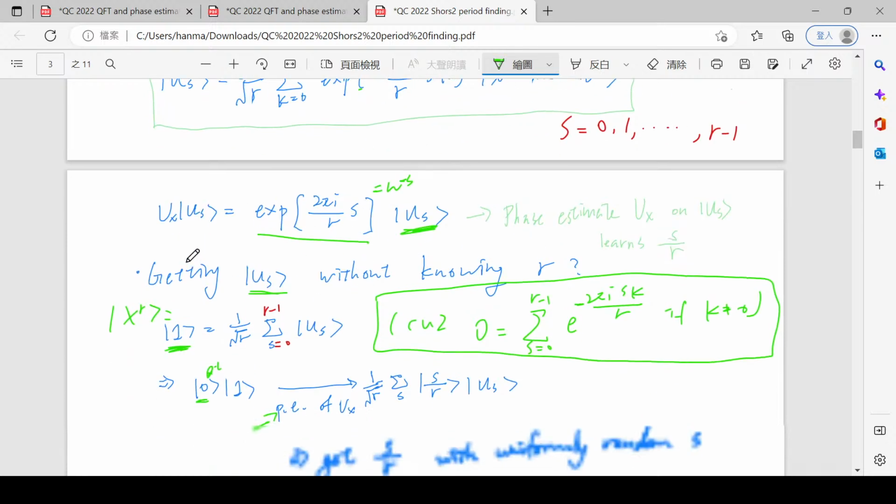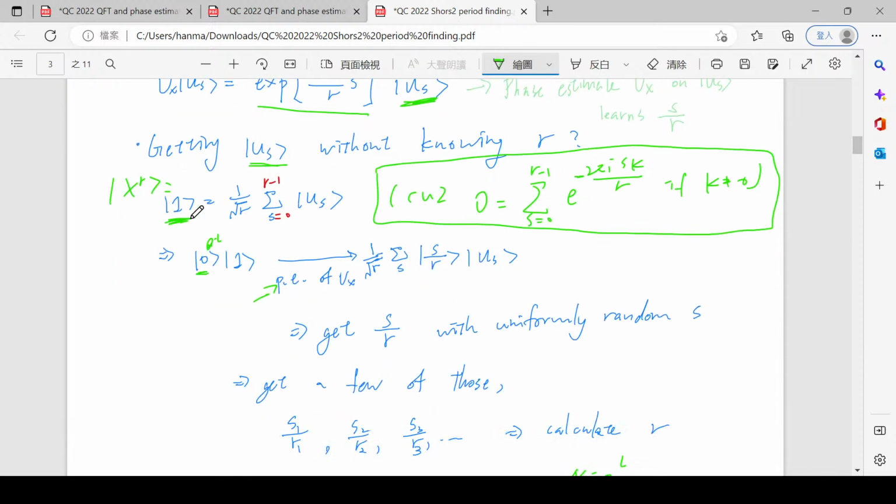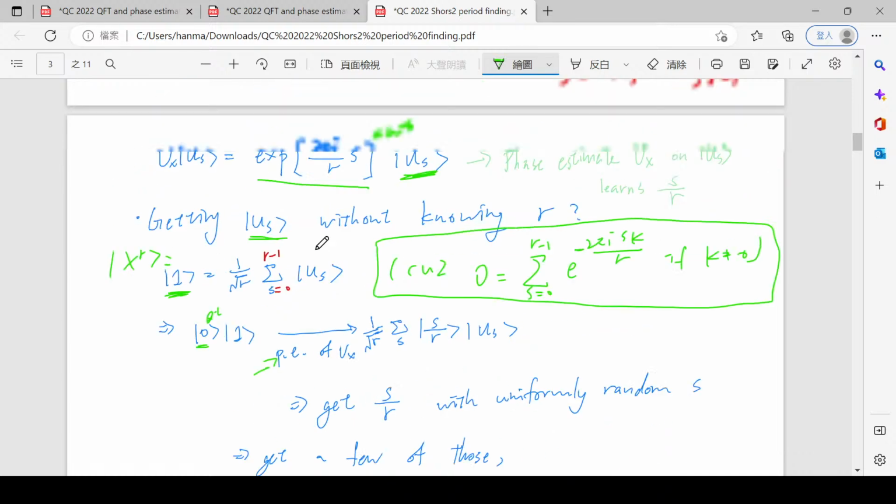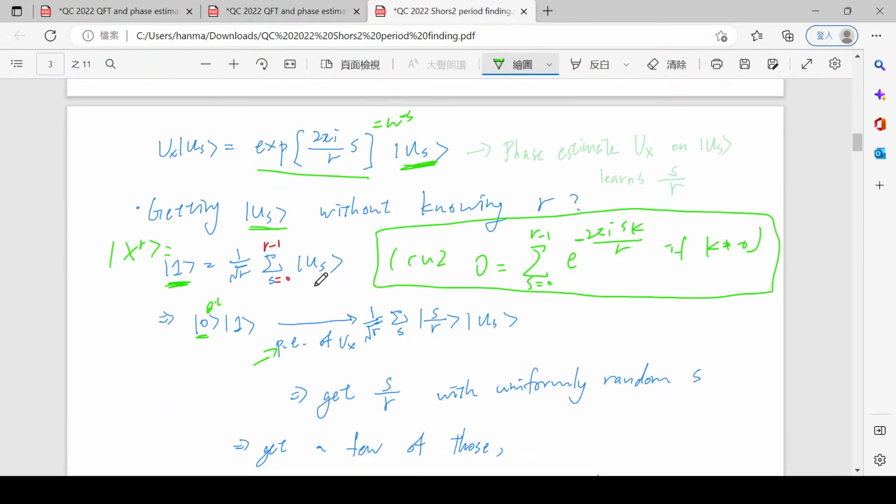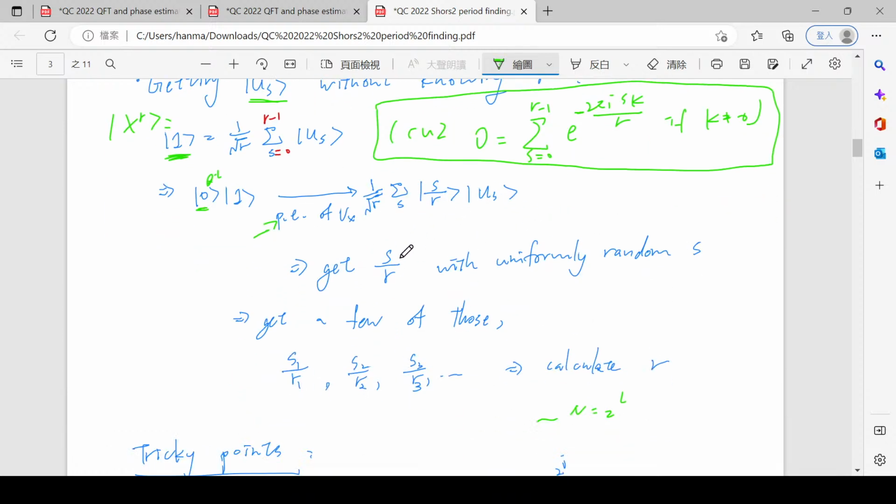So when you do phase estimation on u_s, you will get s over r, but we don't know u_s, so we do phase estimation on 1, which is a uniform superposition of u_s. So we're kind of doing a Fourier transform back and forth. Anyway, you do phase estimation on 1, then you get a uniformly random s over r.